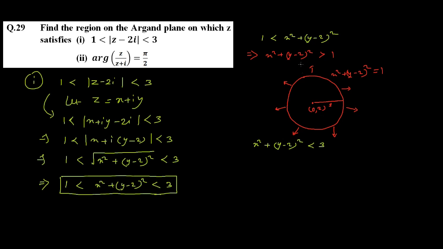So radius 3 means it will be something like this, bigger than the previous circle. But here we don't need the circle because the equation is less than 3, so inside part of the circle. So the required answer is inside part of the circle.